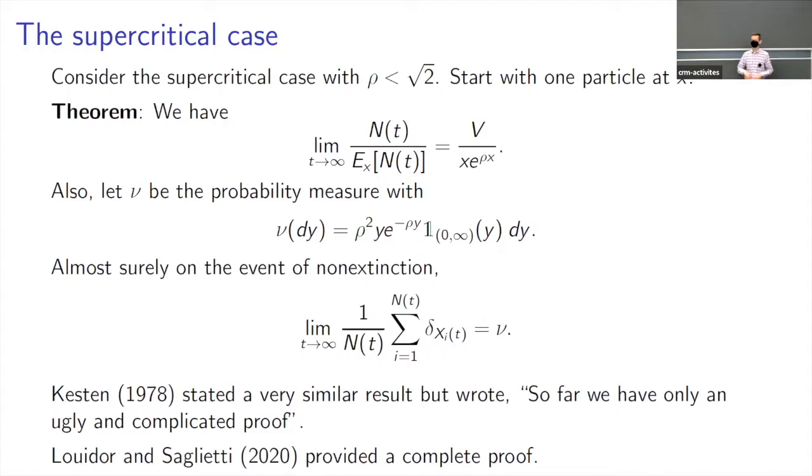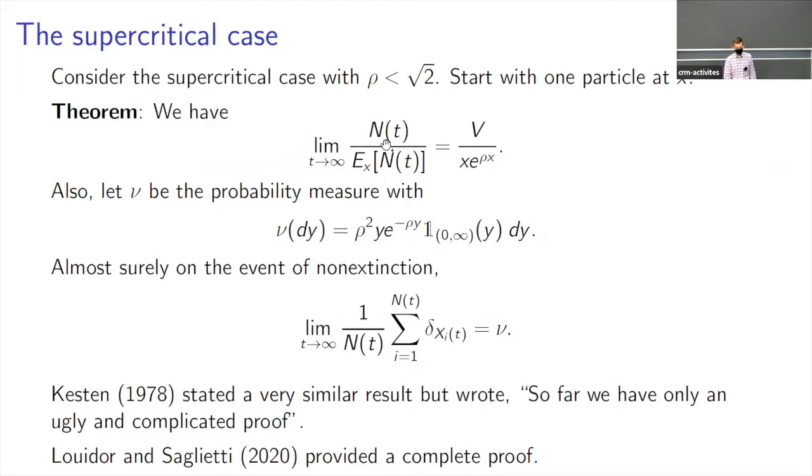All right, so let's now look in more detail at the supercritical case where the drift is strictly less than the square root of 2. Let's imagine that we start with just one particle located at x. Here's a theorem which gives a pretty good understanding of the long-run behavior of the supercritical process.